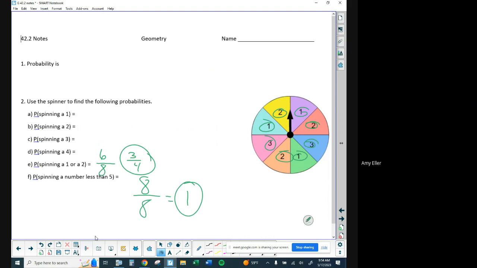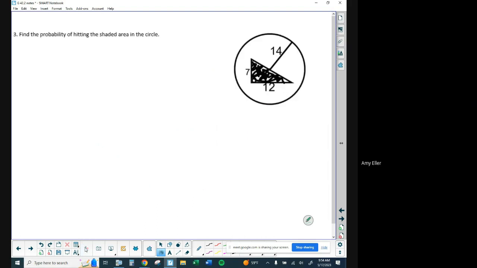So that's how basic probability works. Let's look at the next one. Find the probability of hitting the shaded area in this circle. I will tell you it's not necessarily drawn to scale. Let's write down probability of the shaded. Think about wanted over total.